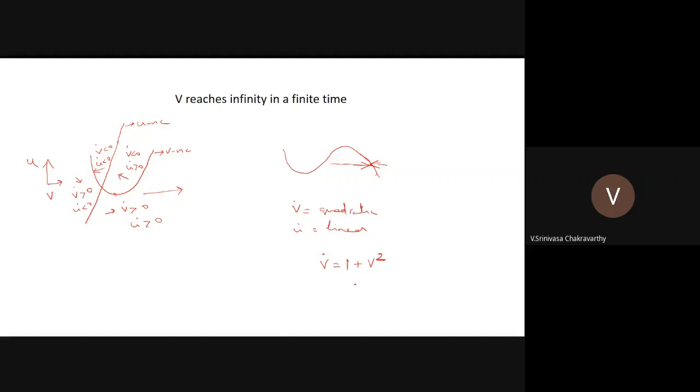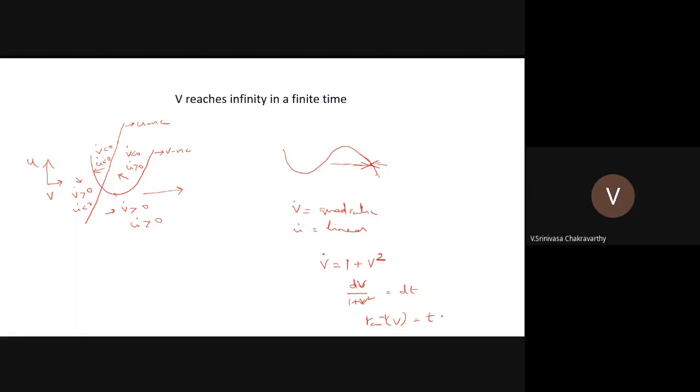You can take it as dv by 1 plus v square equal to dt. If you integrate this, the integral of 1 by 1 plus v square is nothing but tan inverse of v equal to t plus c.